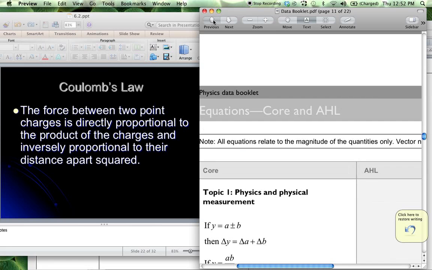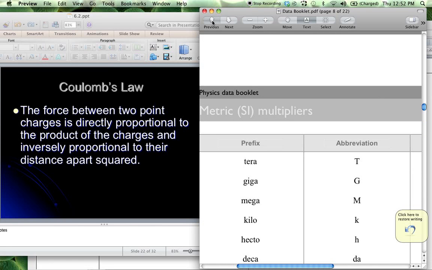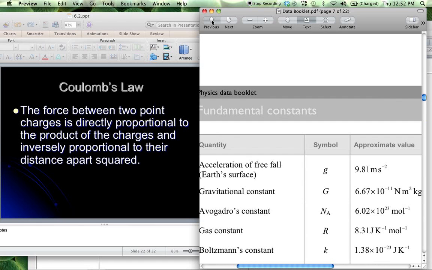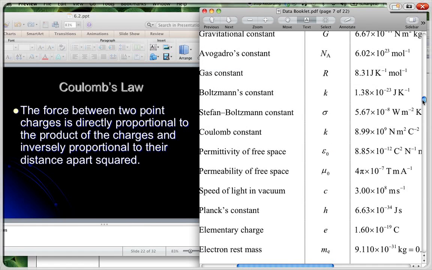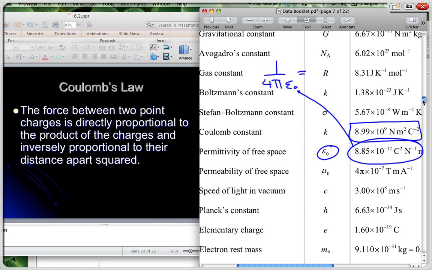If I go down here, there it is, epsilon 0, permittivity of free space. If I have 4 pi times epsilon 0, putting this value in, the answer I get is my K, this one over here. So it's exactly the same formula, just written in a different way.